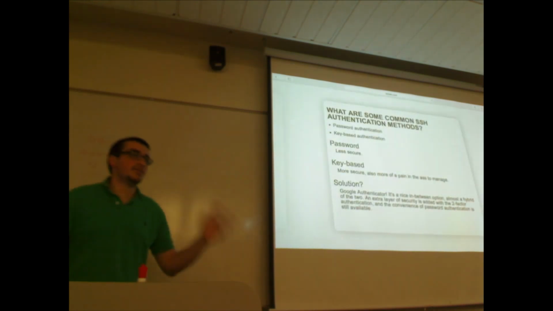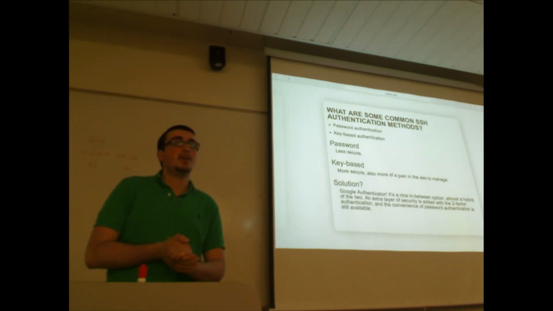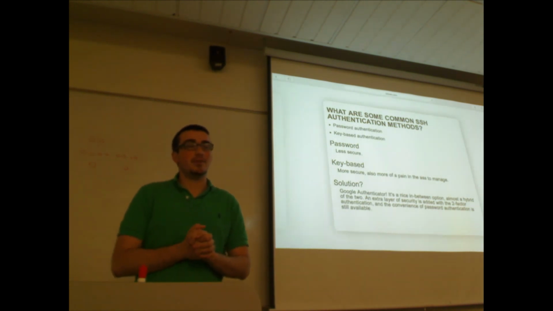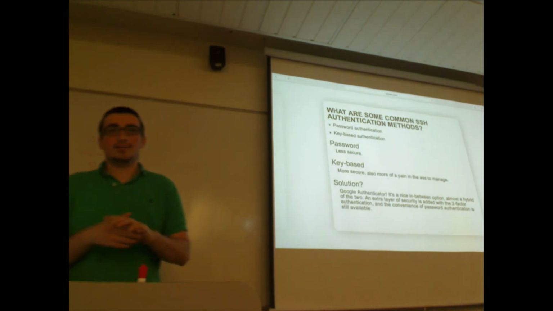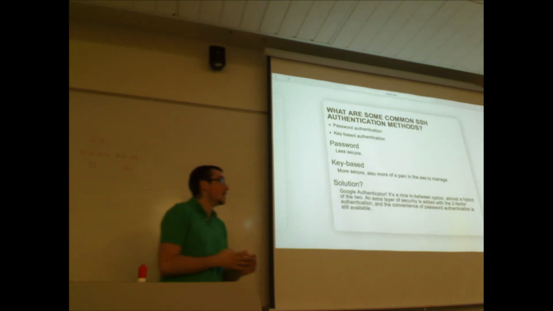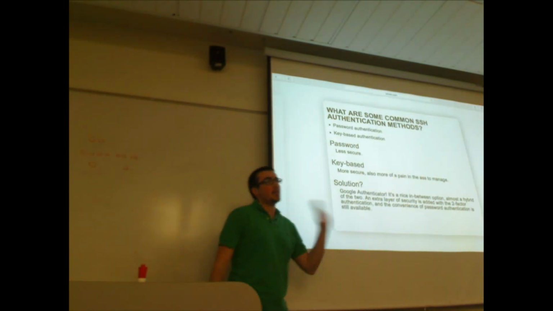So, first and foremost, let's just talk about some common authentication methods you're going to see if you're SSHing into a box. Obviously, there's no password, which is probably the worst idea possible. Or root login, two things you should not be doing on your SSH sessions. But two of the more common ones you're going to come across are password authentication and key-based authentication.